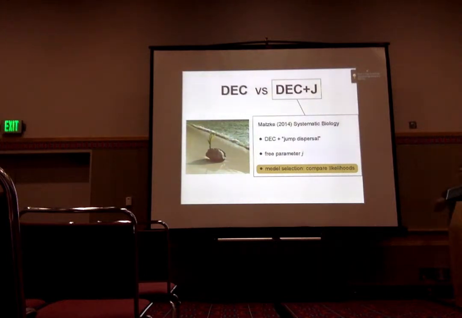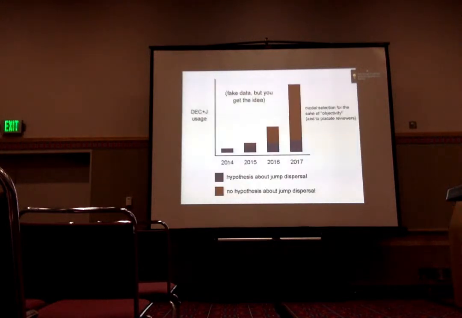And so that's DEC+J. It gives you this free parameter J, which is basically a dial that lets you adjust, to maximize the likelihood, how often these jump dispersal events happen at internal nodes relative to other kinds of events. And so the promise here is that we have a different model with a different parameter, and we can use model selection to compare these likelihoods.